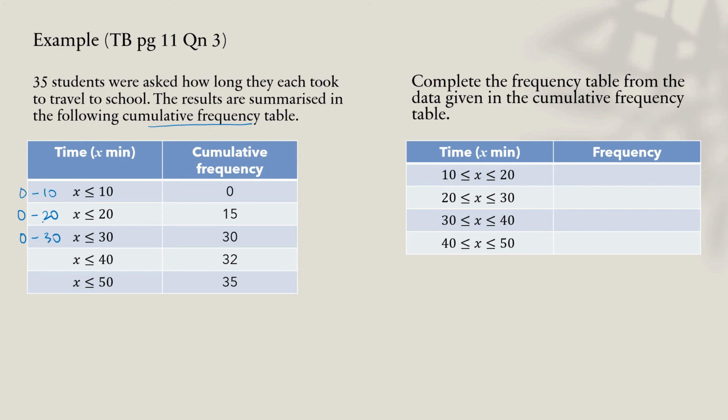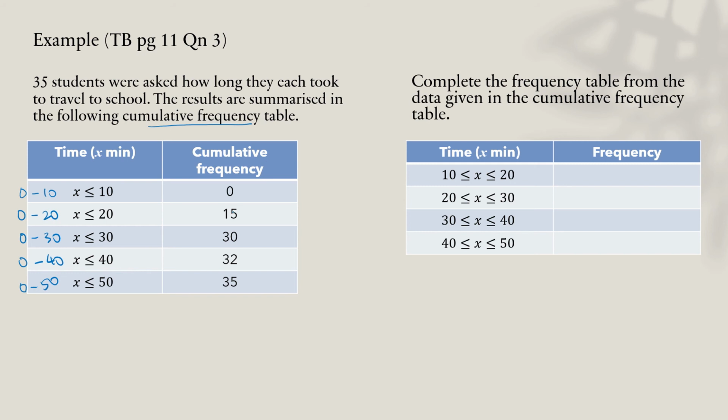So what this means is that if it's, let's say, 0 to 20, it includes the 10 minutes as well, right? If it's from 0 to 30, it includes the 10 minutes, 20 minutes, and 30 minutes. 0 to 40, it means it includes the 10, 20, and 30 minutes, as well as 40 minutes. Finally, for the last class, it includes 10, 20, 30, 40, and 50 minutes.